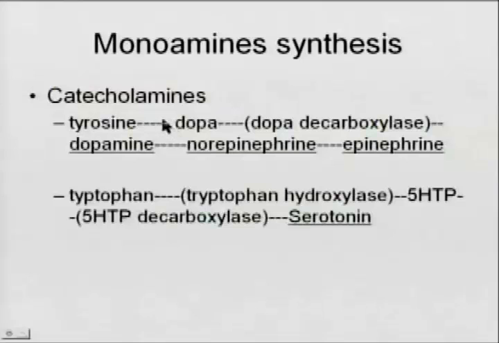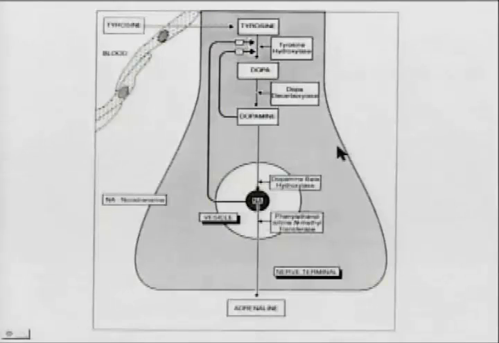They are both in the general category of amino acid monooxidases. So there's tyrosine hydroxylase converting tyrosine to dopa, and tryptophan hydroxylase converting tryptophan to 5-hydroxytryptophan. And then the decarboxylase converts it to 5-hydroxytryptamine, serotonin. And we'll look at those biosynthetic pathways in the next couple of slides.